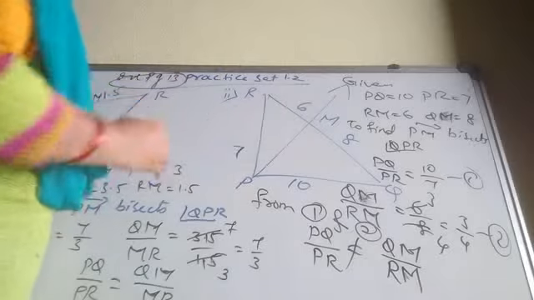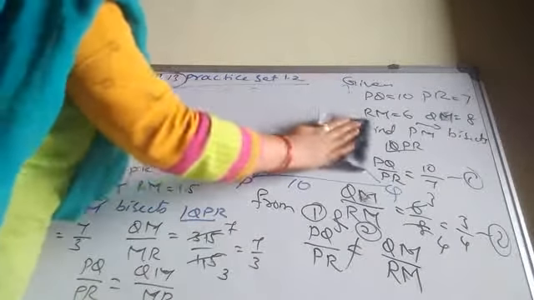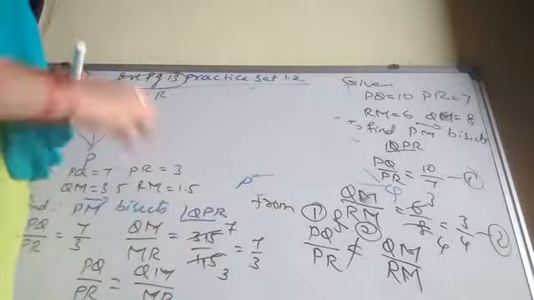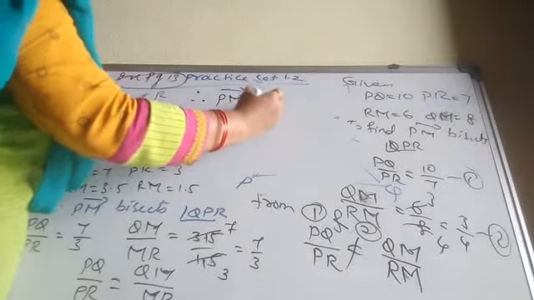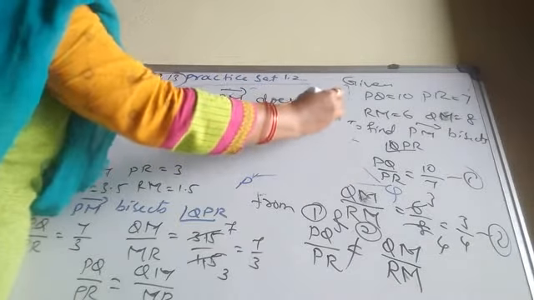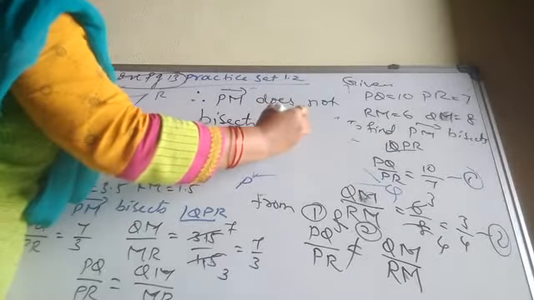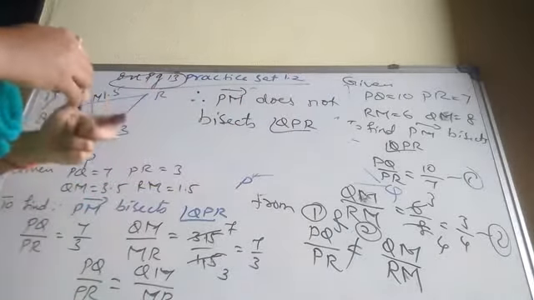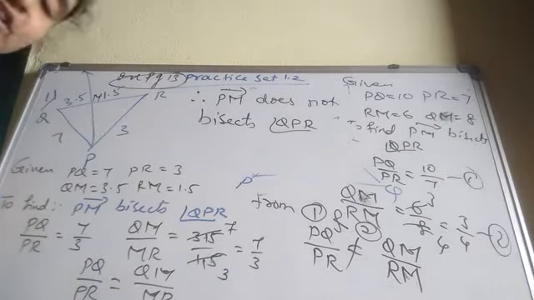Last step: therefore ray PM does not bisect angle QPR. In the first bit you have 3 questions, 2 questions completed.